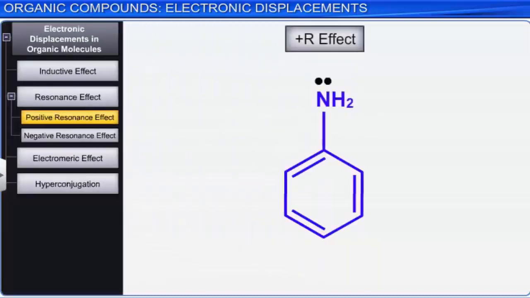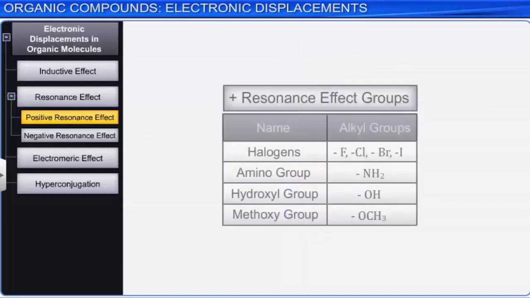They are positive resonance effect and negative resonance effect. In the positive resonance effect, the transfer of electrons is away from an atom or substituent group attached to the conjugated system. Halogens, amino group, hydroxyl group, and methoxy group are some of the examples of positive resonance effect groups.